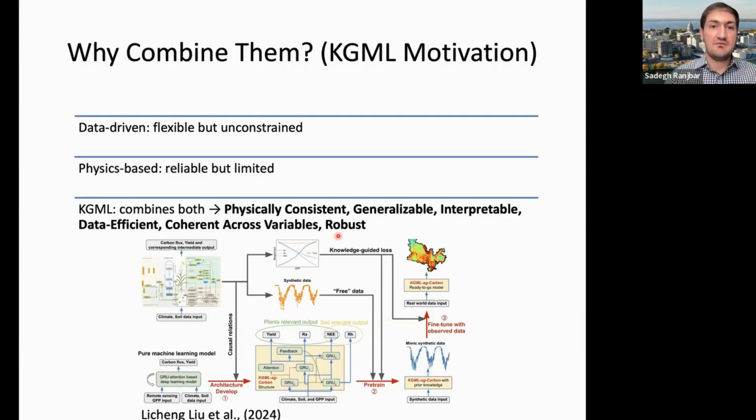First, we looked at the data-driven models. They are very flexible, but they are not consistent. They sometimes even cannot understand the very simple rules of energy closure or carbon closure equations, which are very simple.